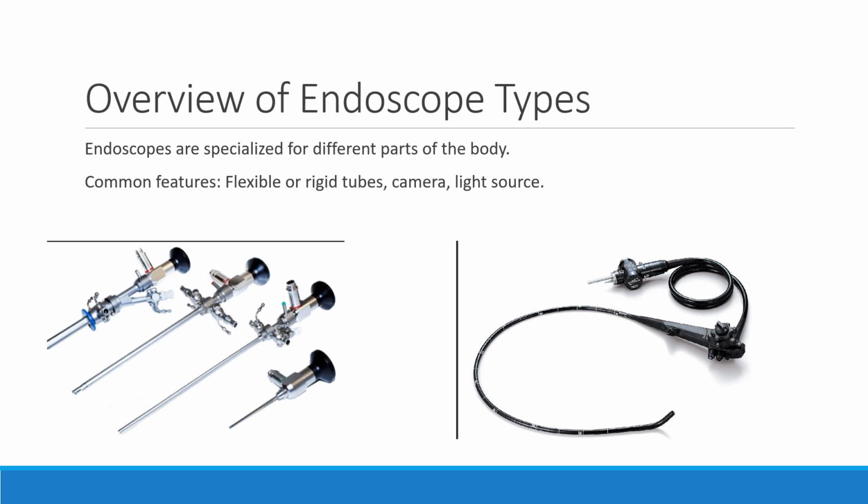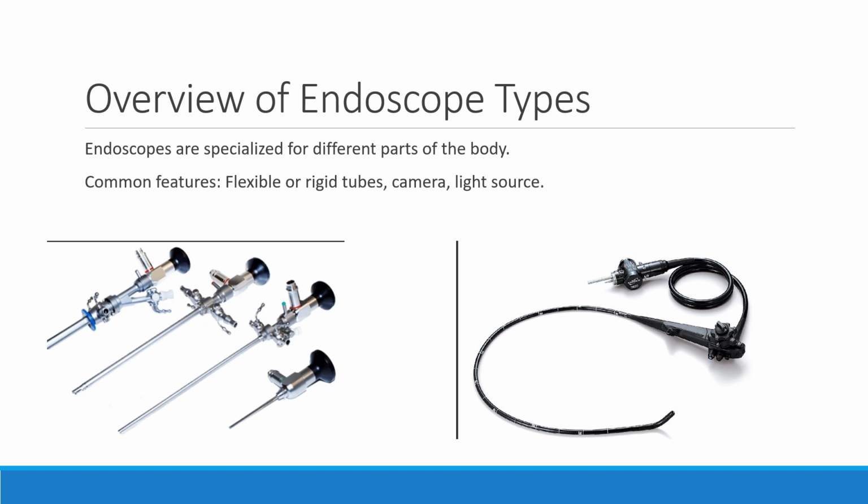All right, so an overview of endoscope types. Endoscopes are specialized for different parts of the body. On the left side of the screen, you have examples of rigid types of endoscopes, and on the right is a flexible endoscope.